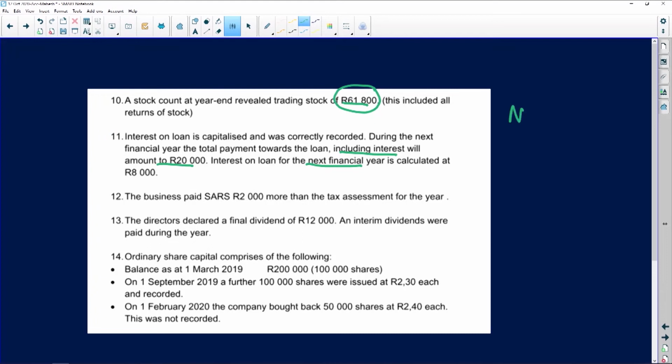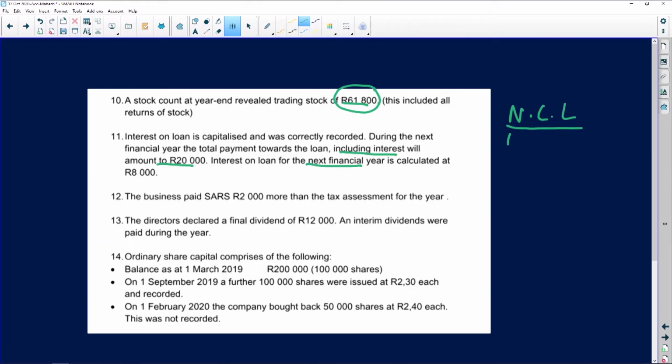Now remember, loan is obviously a non-current liability. Non-current, in other words, an amount that is owed for more than 12 months is classified as non-current. So loan generally is considered to be a non-current liability. You will take more than 12 months to pay off a loan.